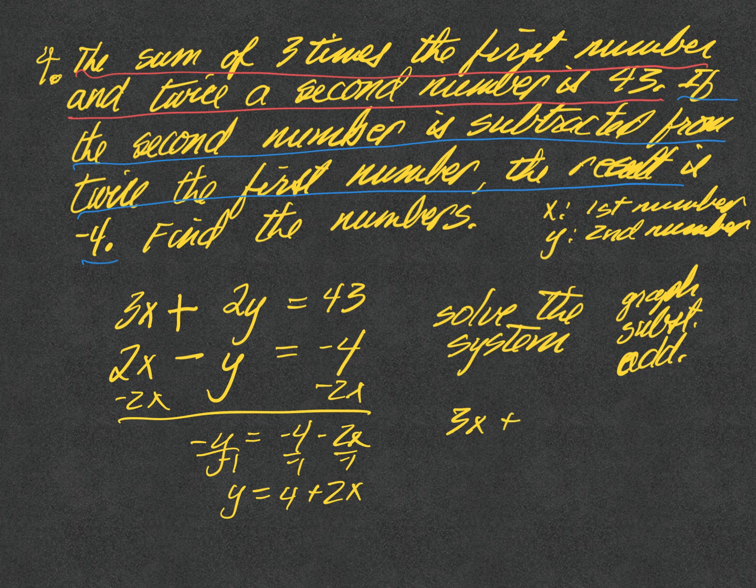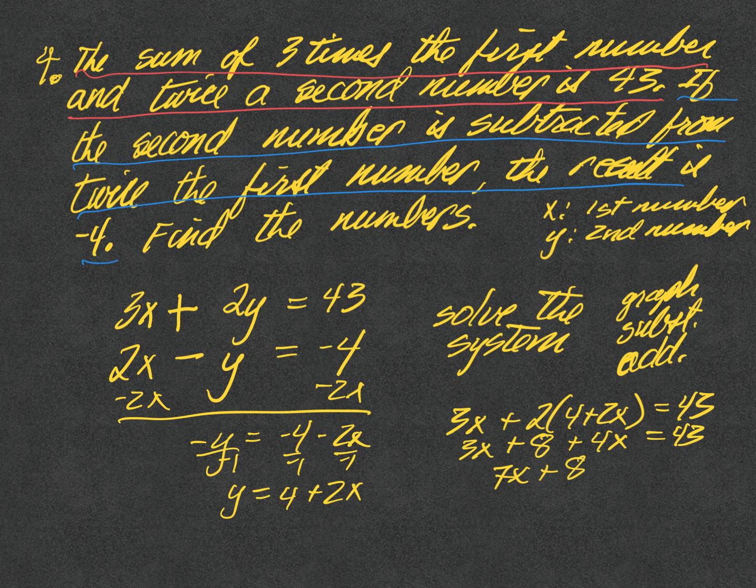So 3x plus 2 times (4 plus 2x) equals 43. So 3x plus 8 plus 4x equals 43. That's 7x plus 8 equals 43.